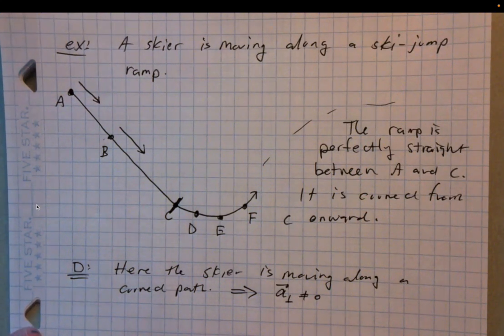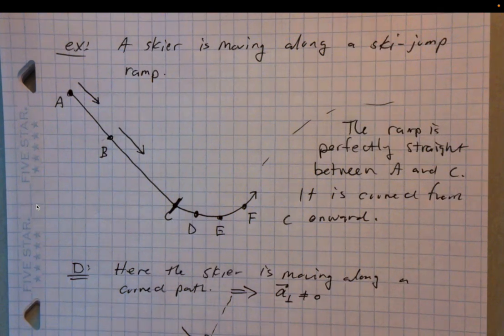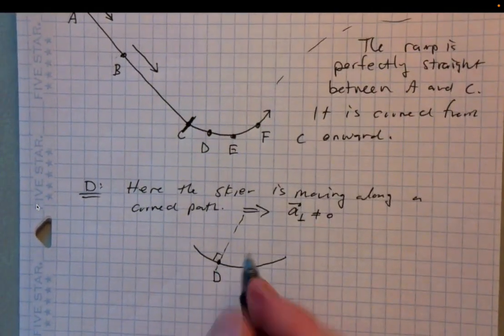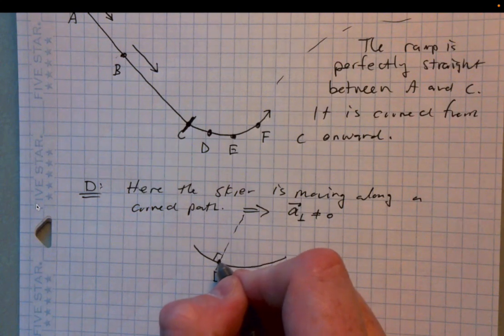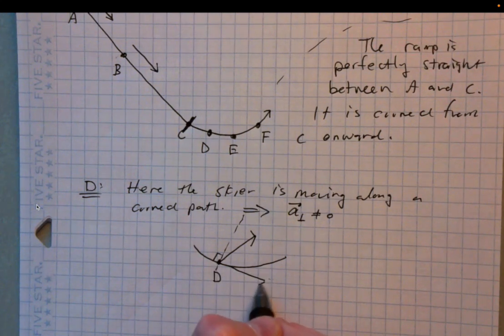And so let's draw a little miniature here. If it looks like this, and this is my D, then my perpendicular would be like this. So that's a 90-degree angle. Now I'm still going downhill here, right? So my acceleration would be something like this, wouldn't it? Instead of being perfectly in the direction of velocity, here's my velocity vector.